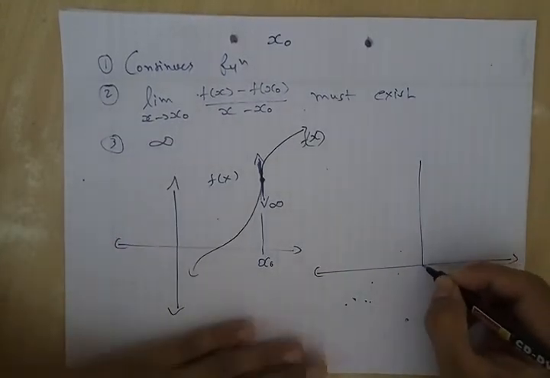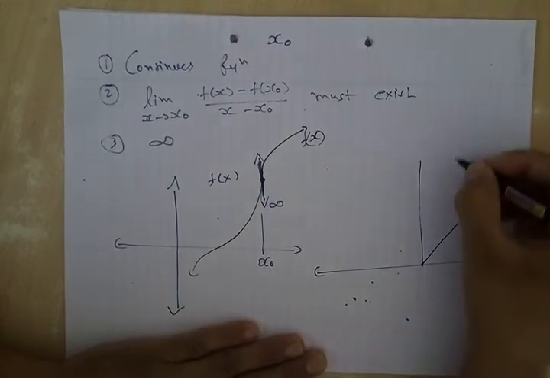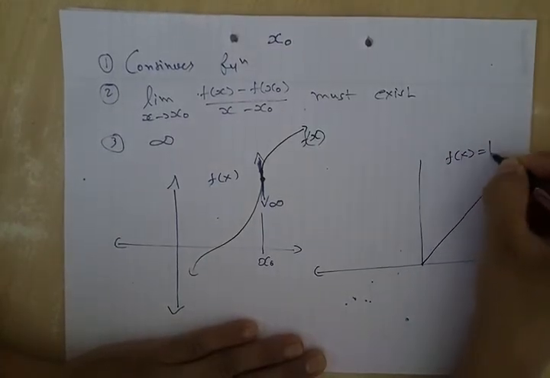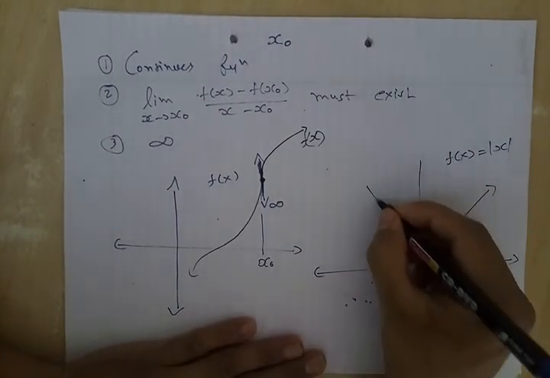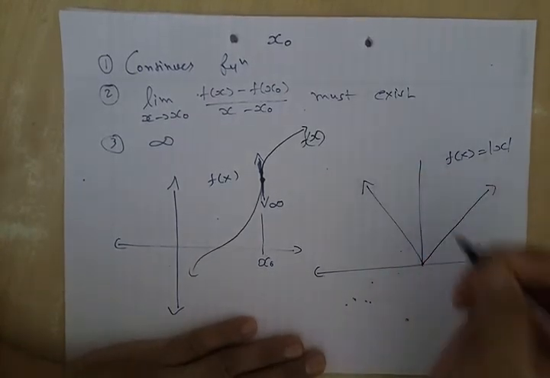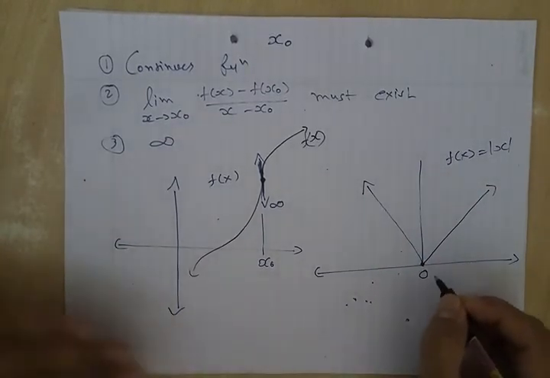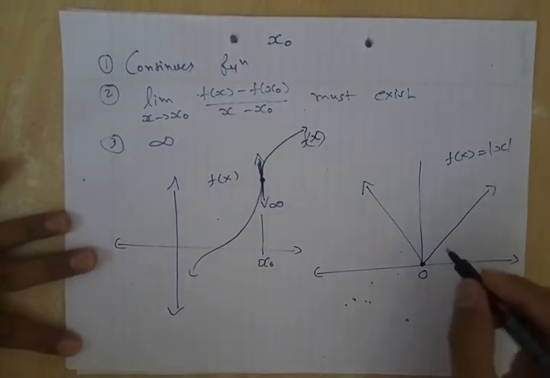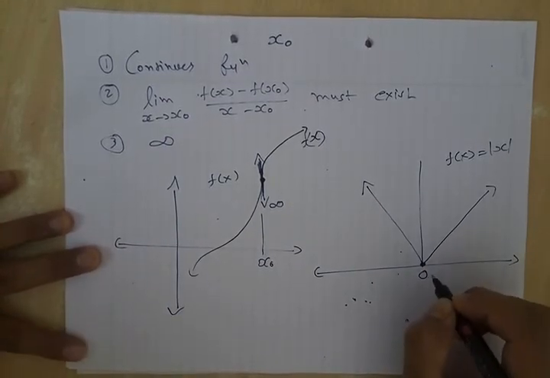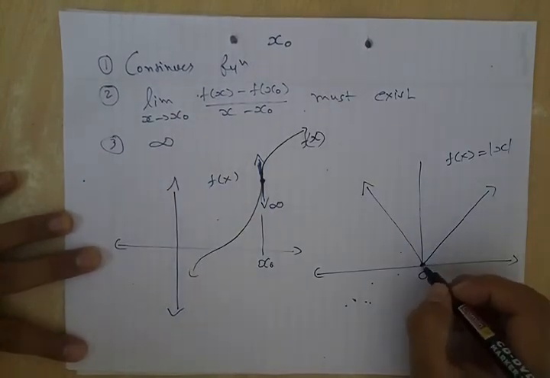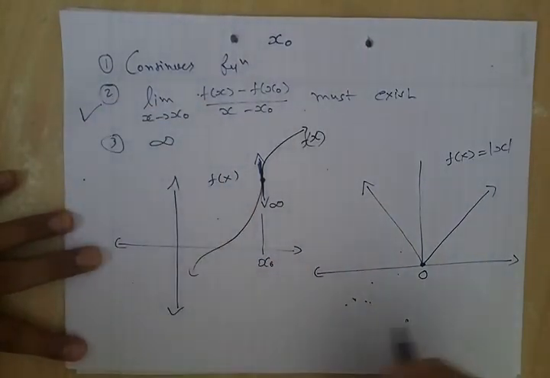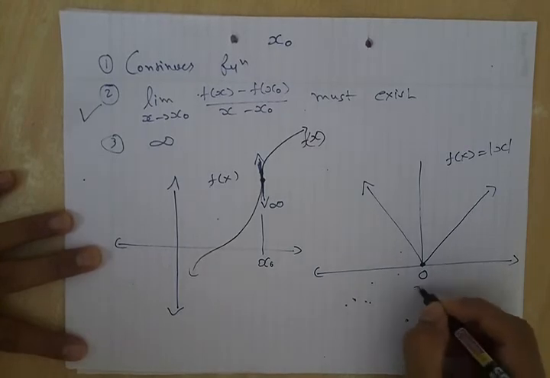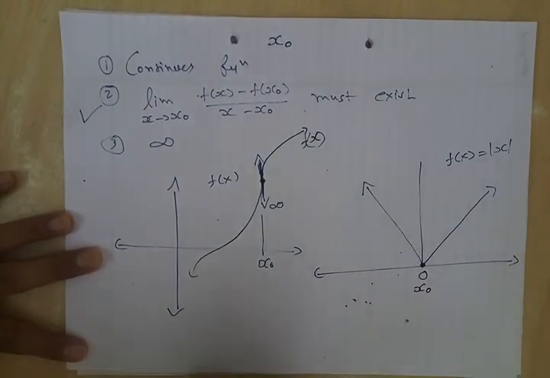Now have a look at this function, which is f(x) equal to mod x. Now this function is not differentiable at x equal to 0, because the second condition is not satisfied at this point x equal to 0.